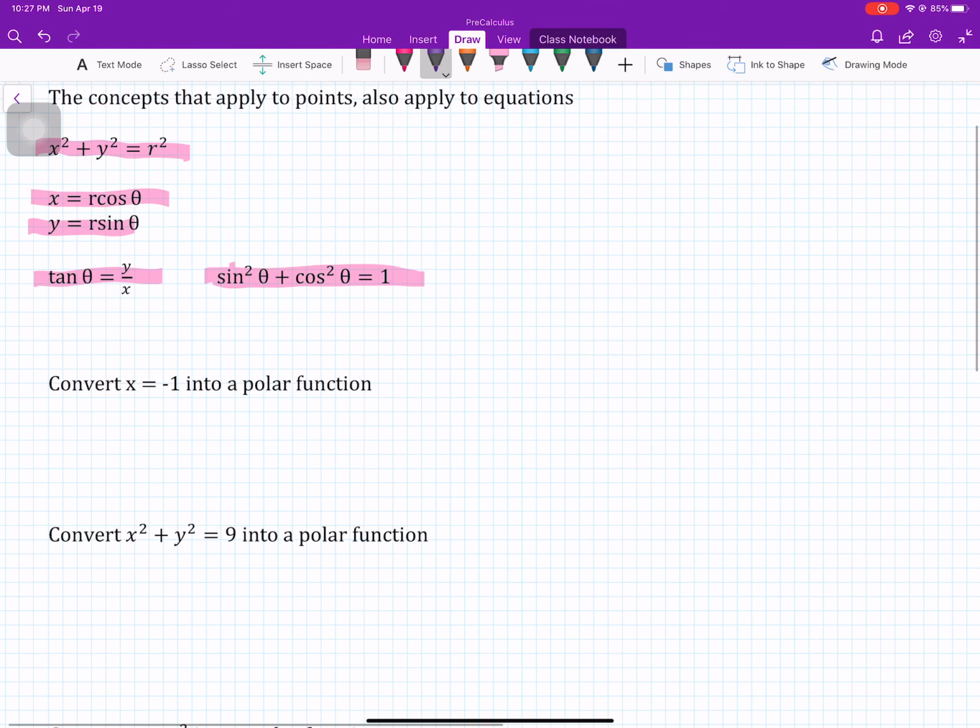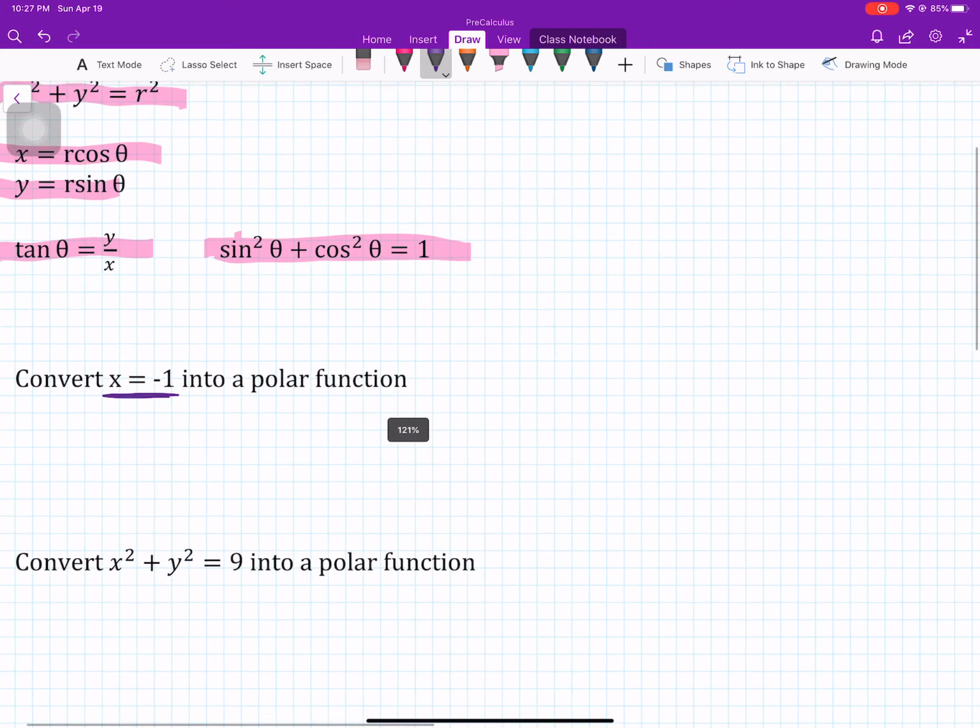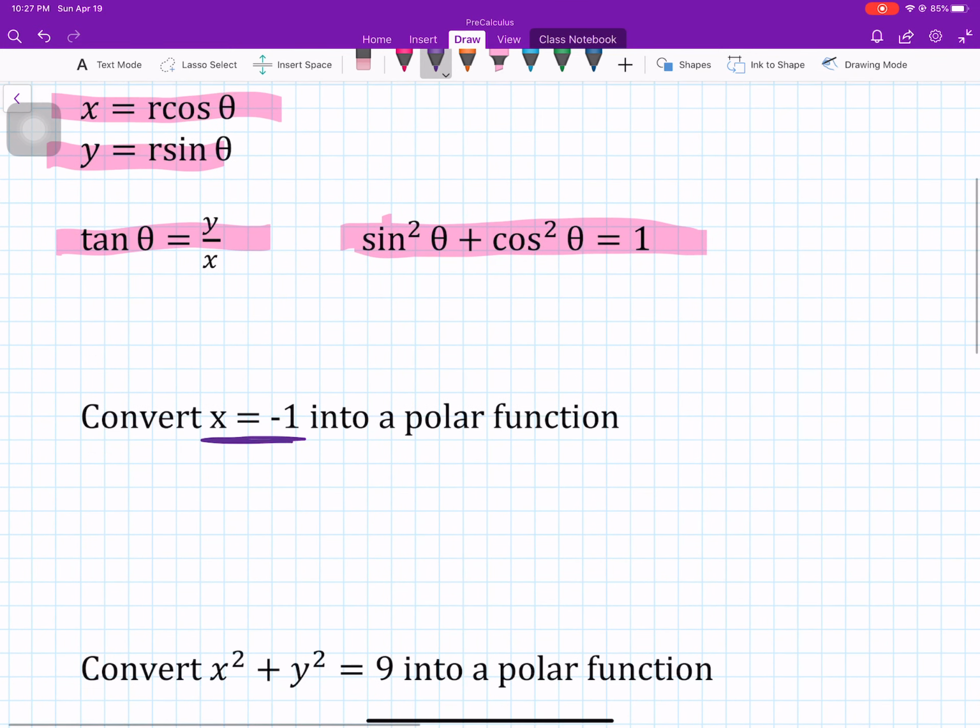Similar to how we converted polar equations, we are just going to substitute in things where it's necessary. So for the first example, convert x equals 1 into a polar equation. We know that x equals r cosine theta, so simply replace x with r cosine theta. The goal for all of these is to get r by itself.